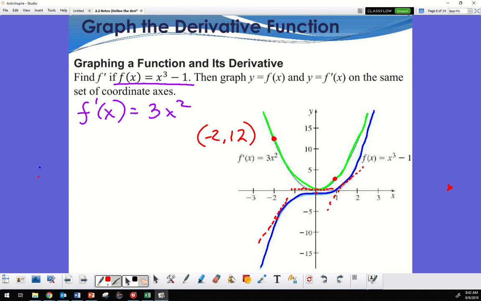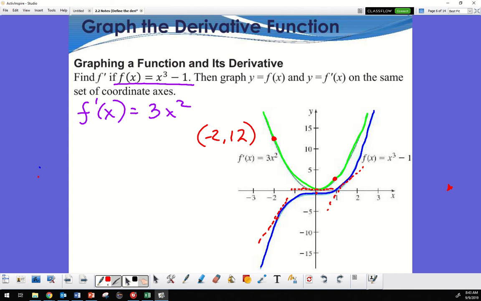Now, here's a neat cheater trick. This is x cubed, isn't it? And then my derivative is x squared, isn't it? It should always be 1 less. X cubed, x squared.